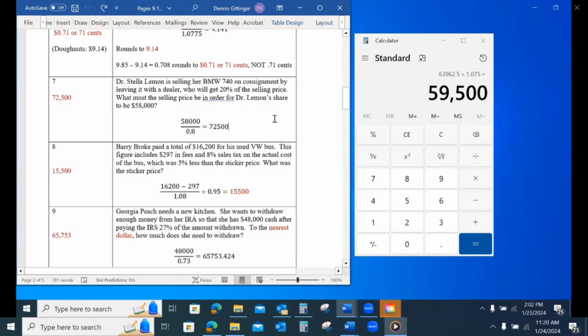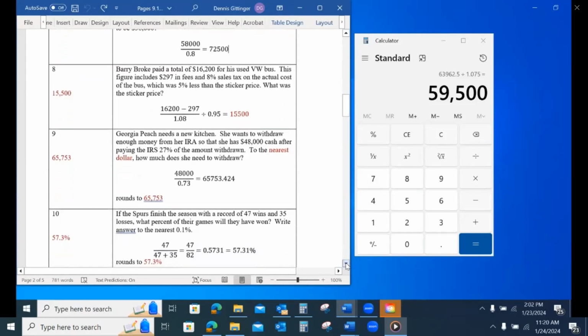That means the selling price is divided into two pieces: the 20% that goes to the dealer, and the rest is the other 80%. So to figure out what $58,000 is 80% of, you have to divide it by 0.8 and get 72,500, and that's the answer.